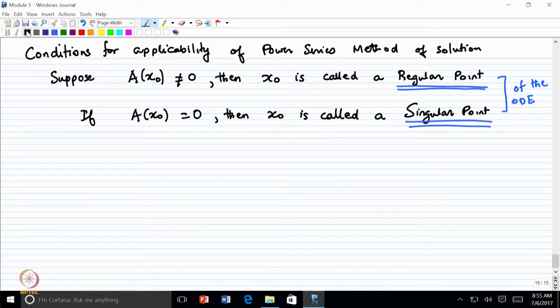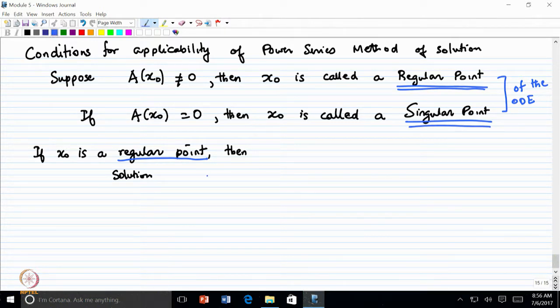Okay. Now if x_0 is a regular point, then the solution can be written in the following form.